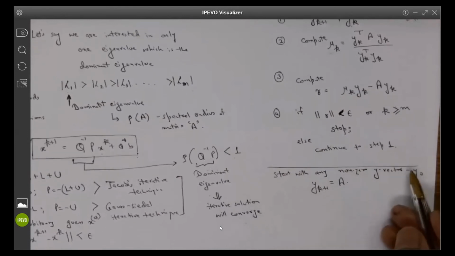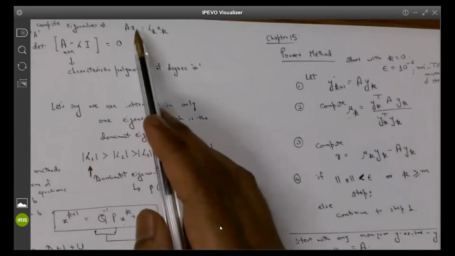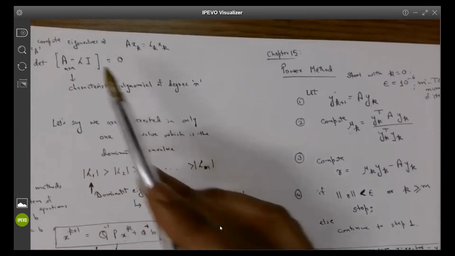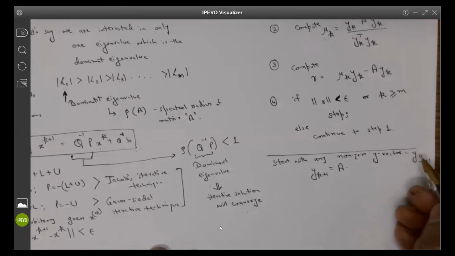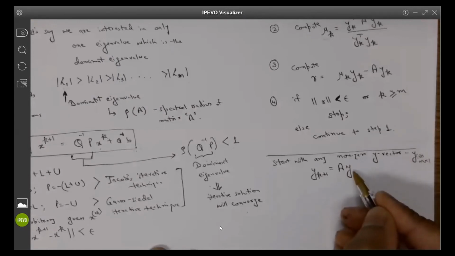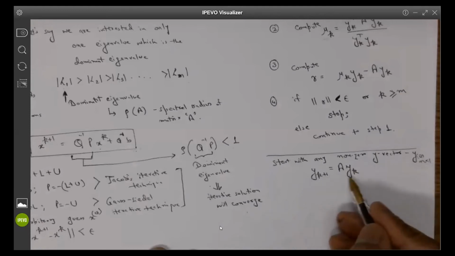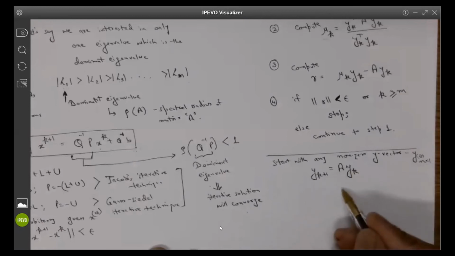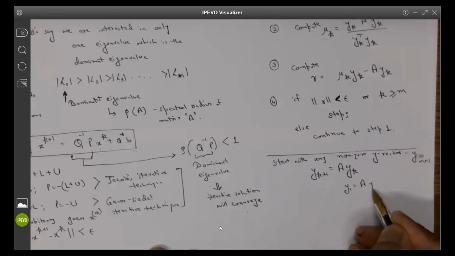Any non-zero y vector which has dimension n cross 1, depending on if your matrix is size n cross n. I start with any non-zero vector y0 of size n cross 1. Then I compute using this iterative relationship, where y1 is equal to A times y0, y2 is equal to A times y1, y3 is A times y2, and so on.